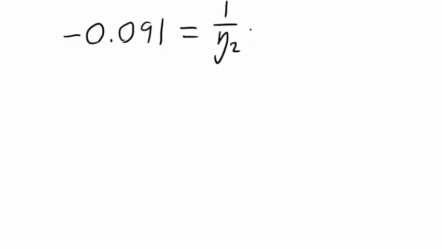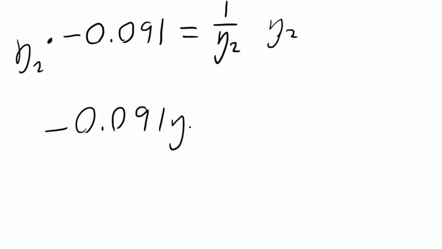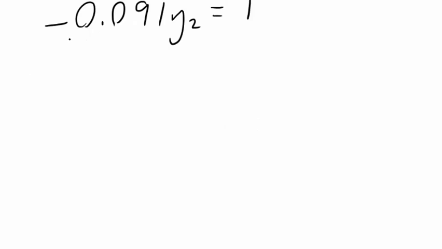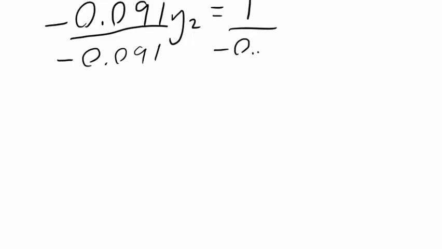So we can solve for the elasticity by multiplying both sides by the elasticity. That will give us negative 0.091 times the elasticity equals 1. And if we divide both sides by negative 0.091, we would be left with our elasticity of demand equal to negative 11. So the consumers in the Great Lakes Crossing area are very price sensitive when it comes to their sandwiches.